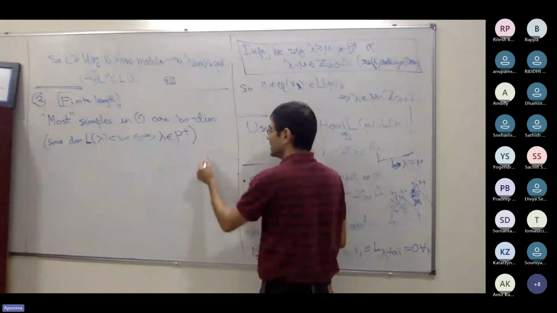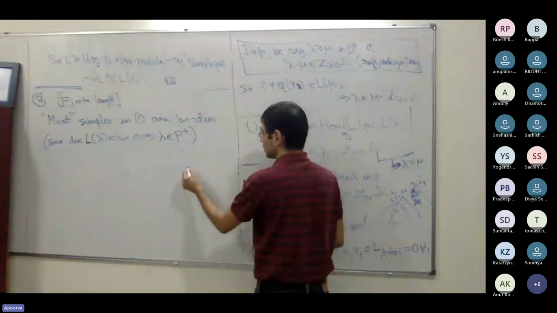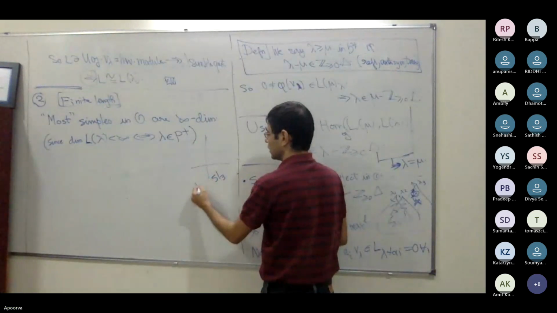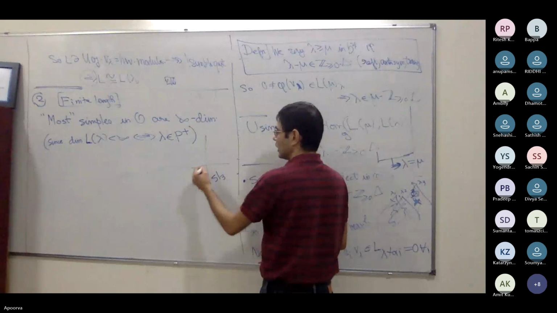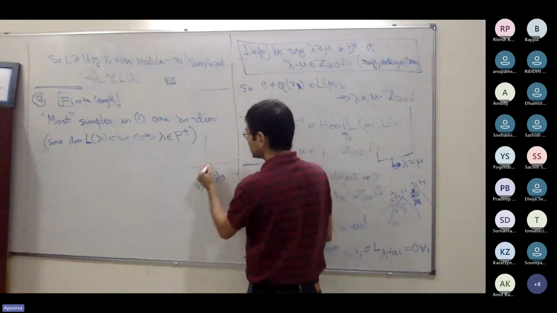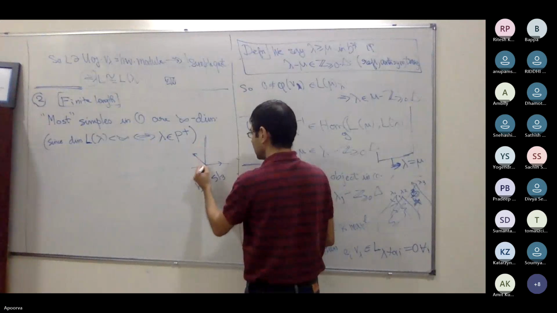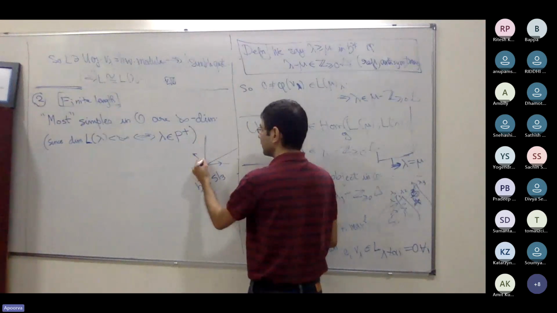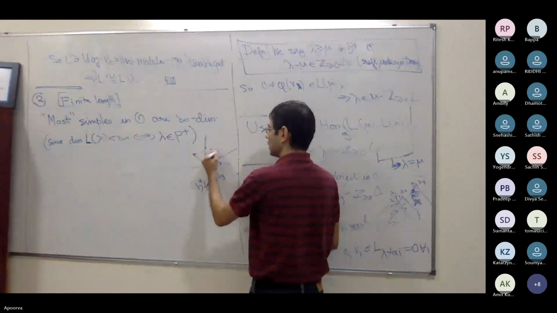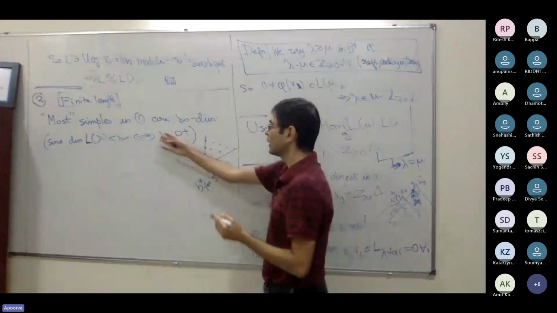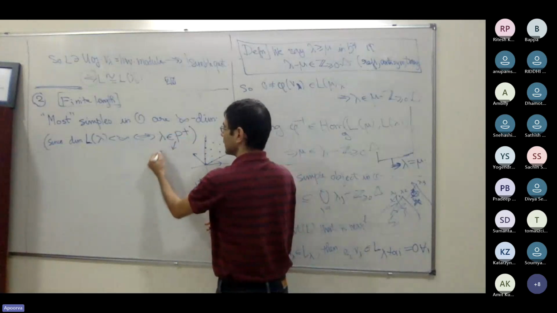Now H star looks like a huge space, like a two-dimensional space maybe for SL3. The dominant integral weights are just these guys. There are only countably many weights, this is a countable set.